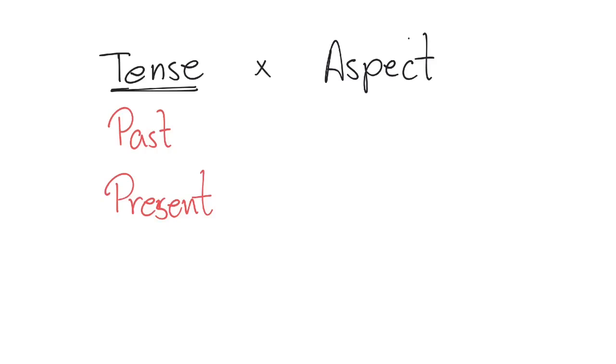And then you're going to tell me, but teacher, hold on a second, what about the future? Well, we do, of course, express the idea of the future, but you don't really have an inflection of the verb to represent the future. So we tend to make use of an auxiliary verb or any other verb form that's available. So I'm going to put it here in tense just to make it easier.